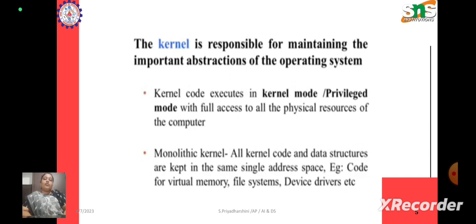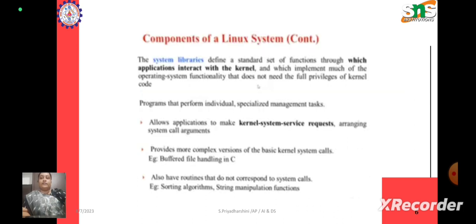When we have the monolithic kernel, all of the kernel code as well as the kernel data structures are going to be in the same address space. For example, we may have the code for implementing the file system, the device drivers, networking, virtual memory or scheduling. All such code is going to reside in the same single address space. That is the concept of monolithic kernel.